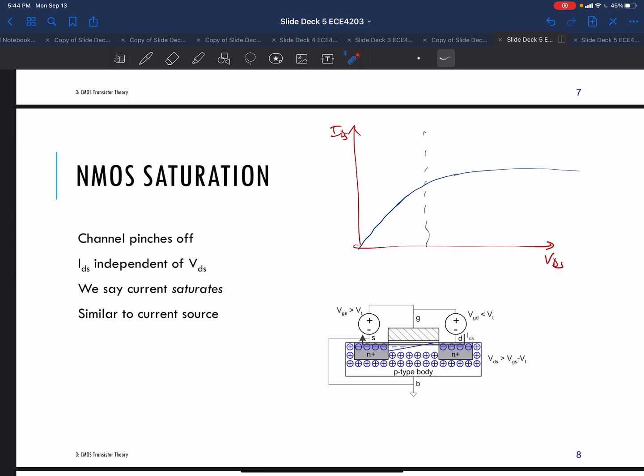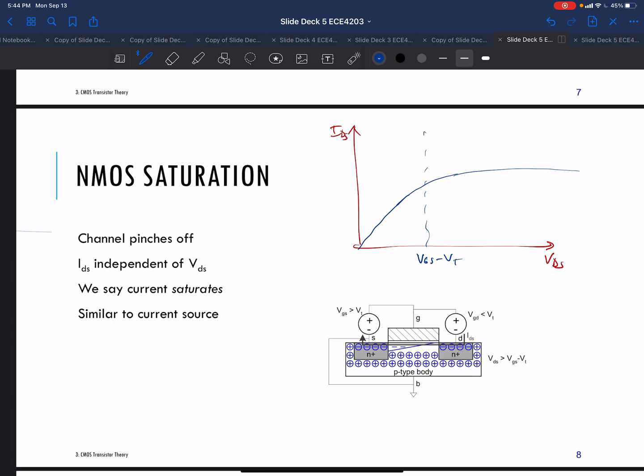As VDS is increasing, that doesn't do anything to this side of the channel, because this is at the same voltage as V gate minus V source. But on this side of the channel, as the drain source voltage goes higher and higher, the drain voltage is going higher and higher, at some point equal to VGS minus VT.